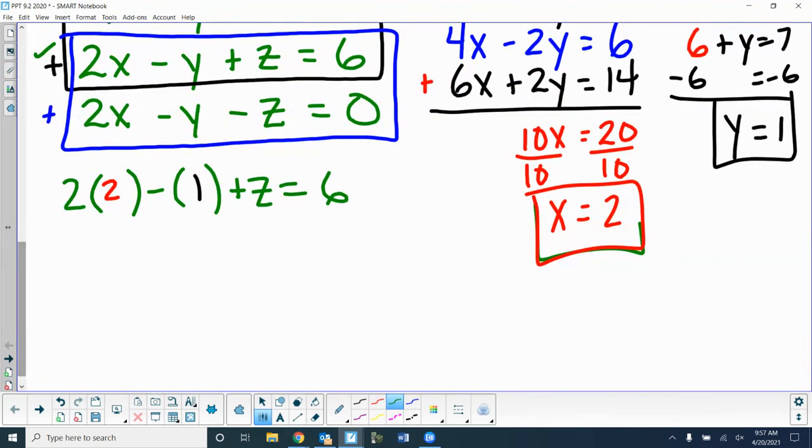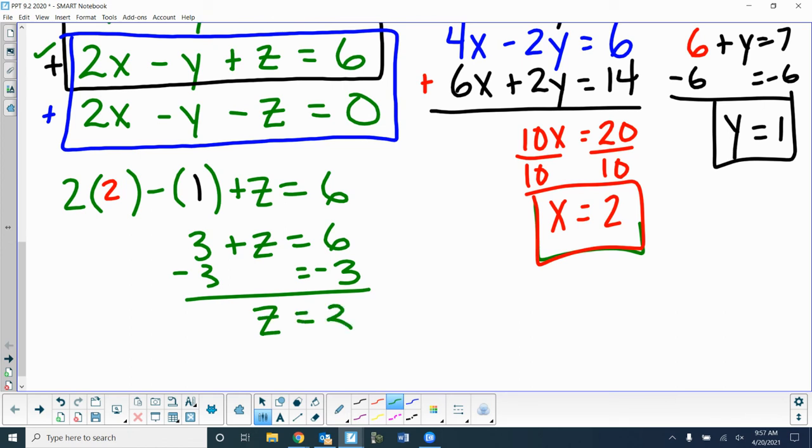So 2 times 2 is 4 minus 1 would be 3. And then subtract 3. So that one was 2, 1, 3. Does that make sense?